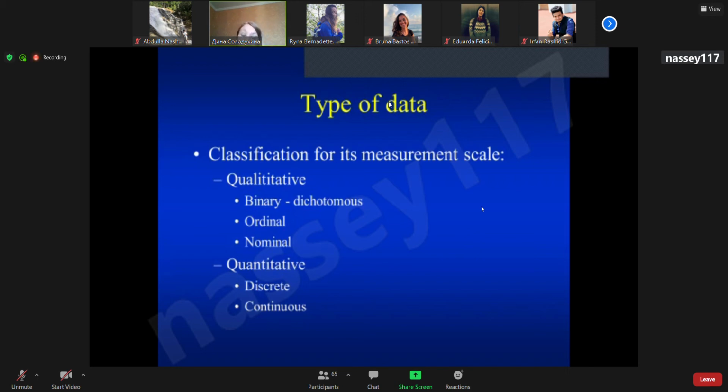If you have continuous data, this is parameter which can fall in any point within the certain range, and most of quantitative parameters like blood glucose level or insulin level or temperature, they are examples of quantitative continuous data.